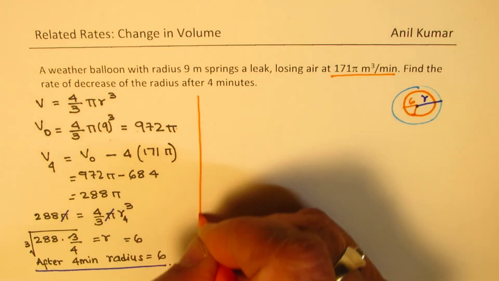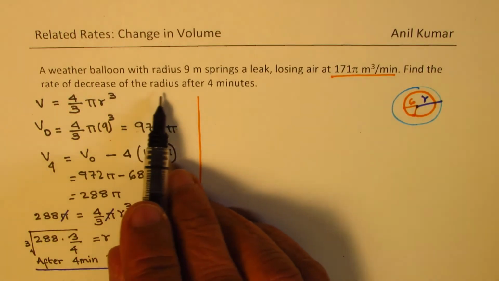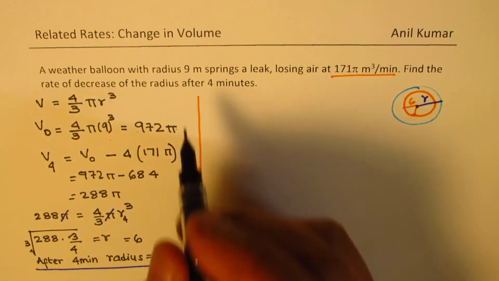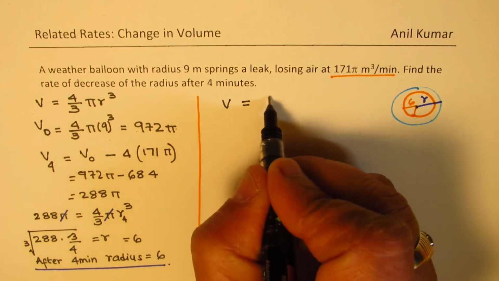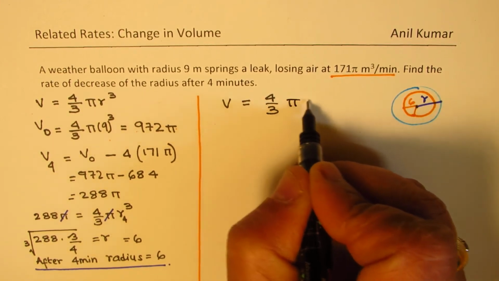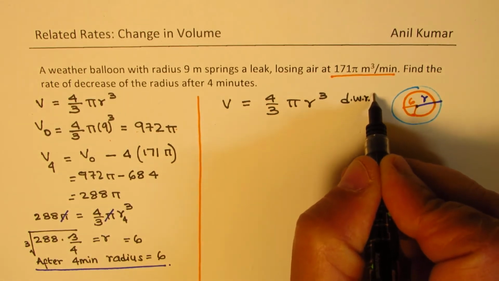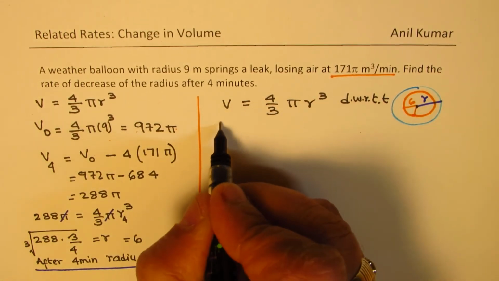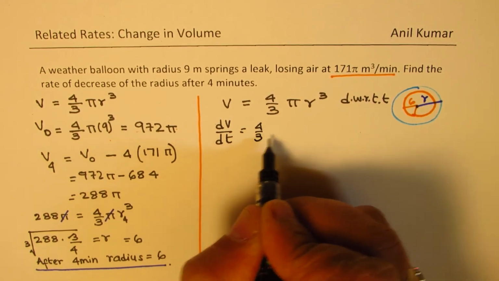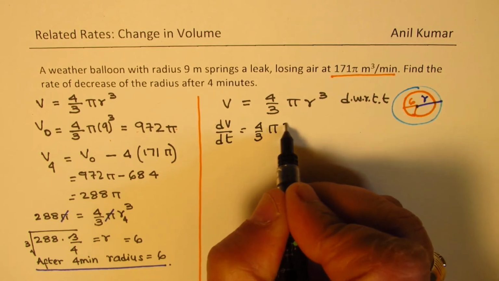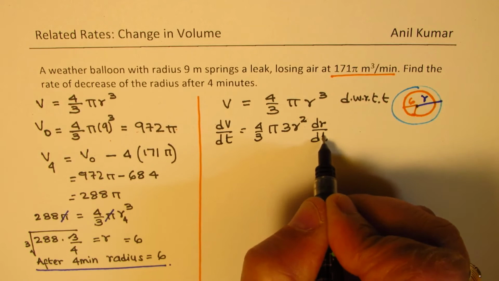Now, let's solve the question further. It says, find the rate of decrease in radius after 4 minutes. So after 4 minutes, we can say volume again is 4 by 3 pi r cube. Now we can differentiate with respect to time, right? So we get dV/dt equals 4 by 3 pi, differentiating we get 3 times r square dr/dt, correct?